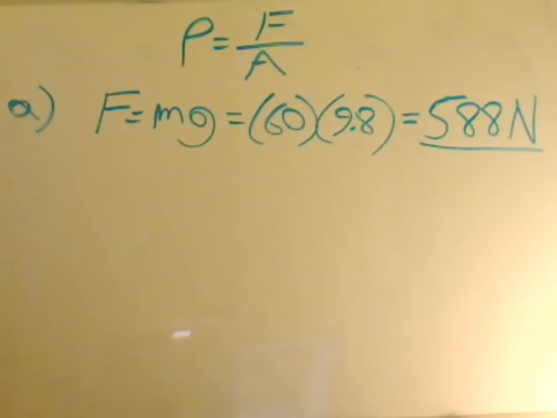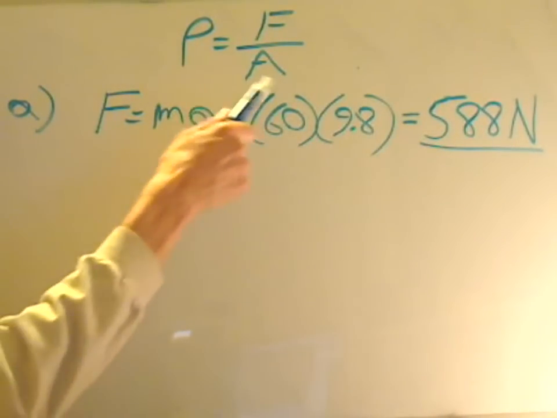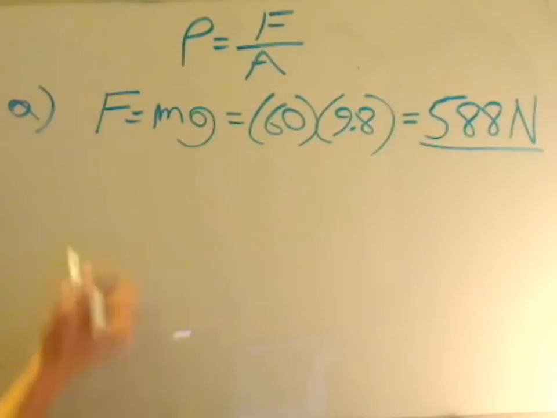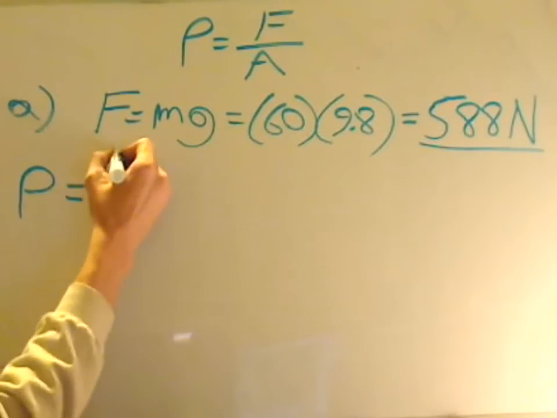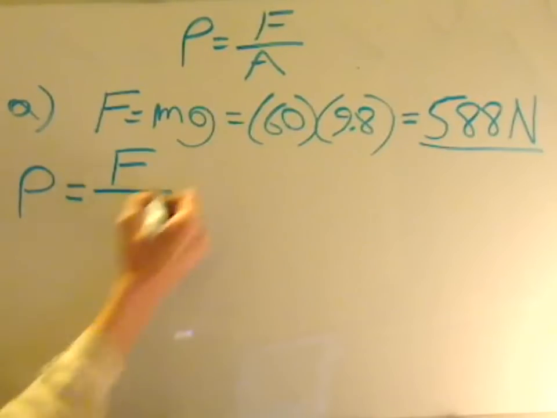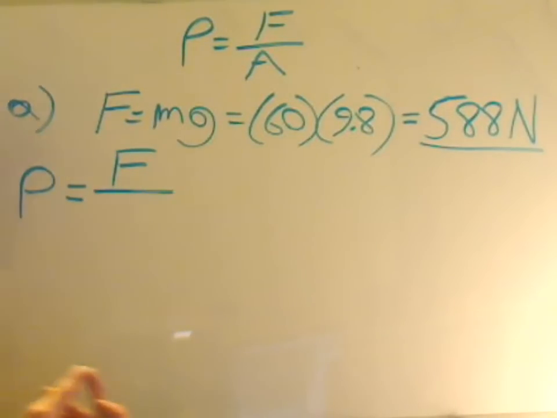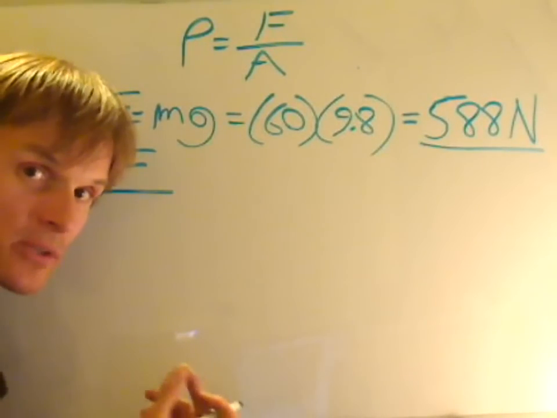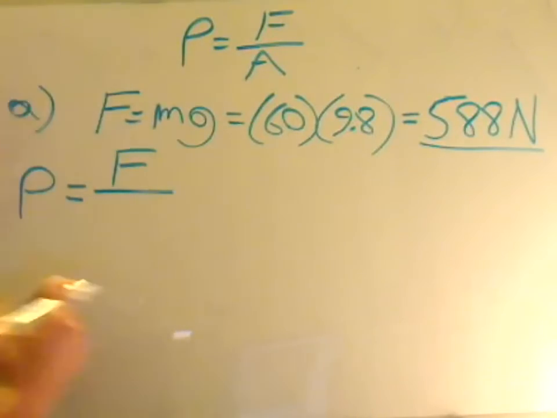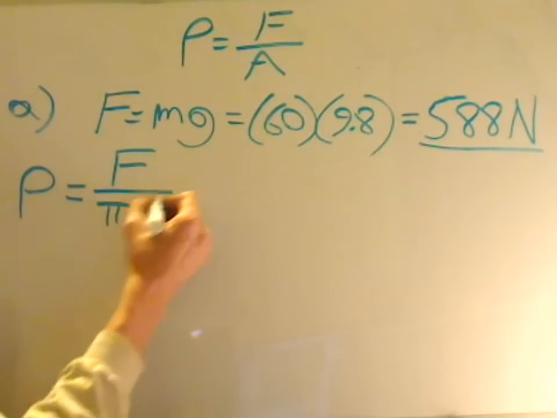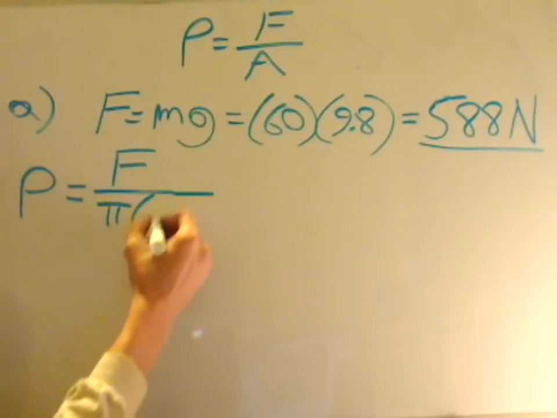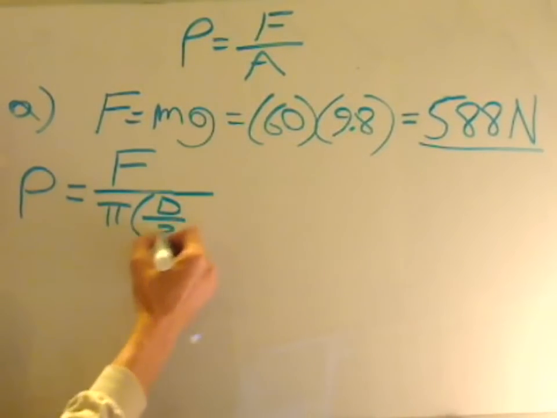Now, to calculate the pressure, we need to know what the area of the tip of that nail is. So the pressure, which is force divided by area, and the area of a circle, we're assuming the nail tip is circular. So for a circle of diameter d, the area is pi times half of the diameter squared.